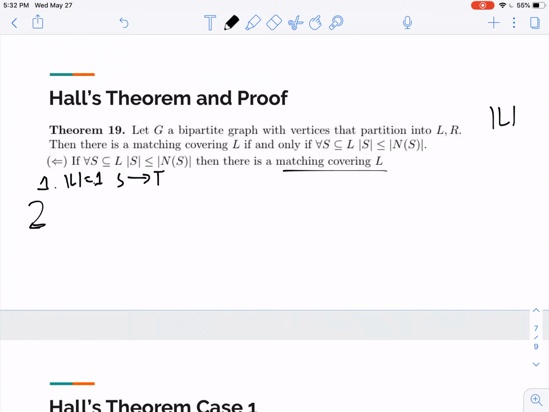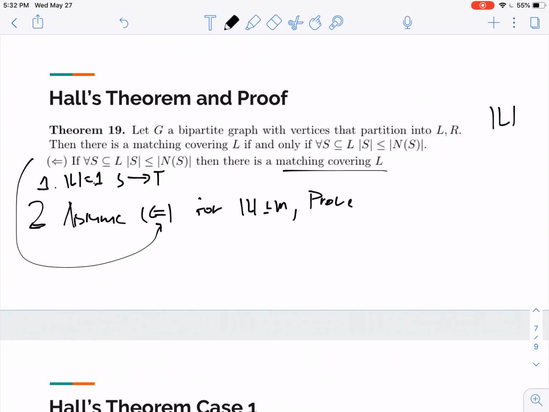In the inductive step, we're going to assume the backwards direction, the thing we're trying to prove, for anything with fewer than or equal to M students, and then we're going to prove it for a graph with M plus 1 students. We want to prove it for any graph with M plus 1 students, and we're going to do this by cases.